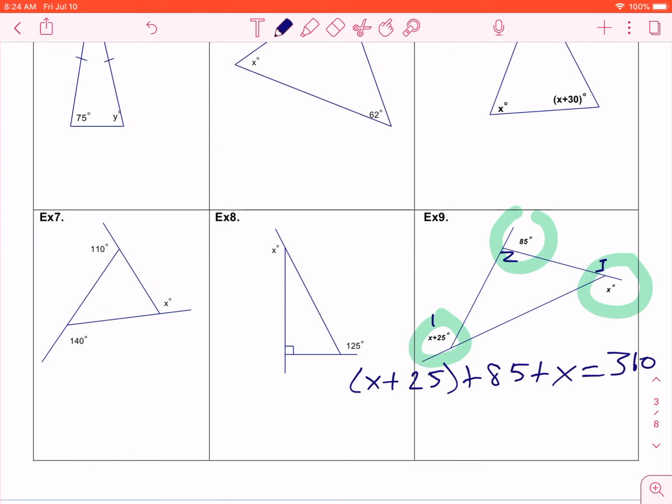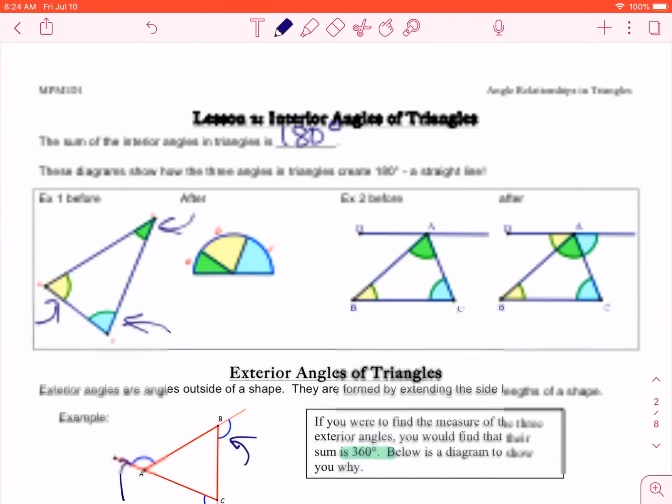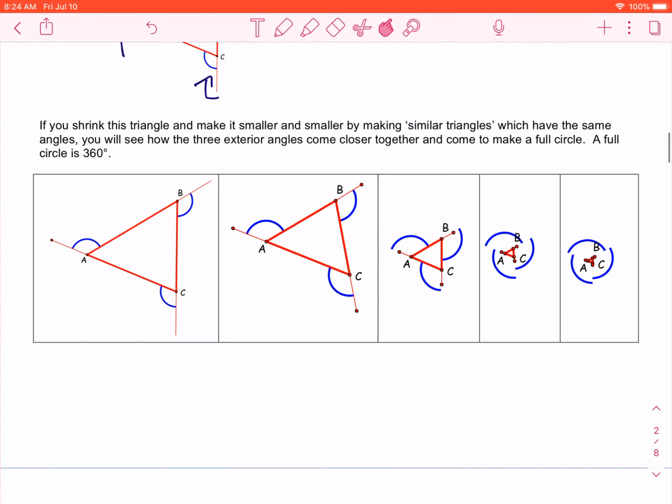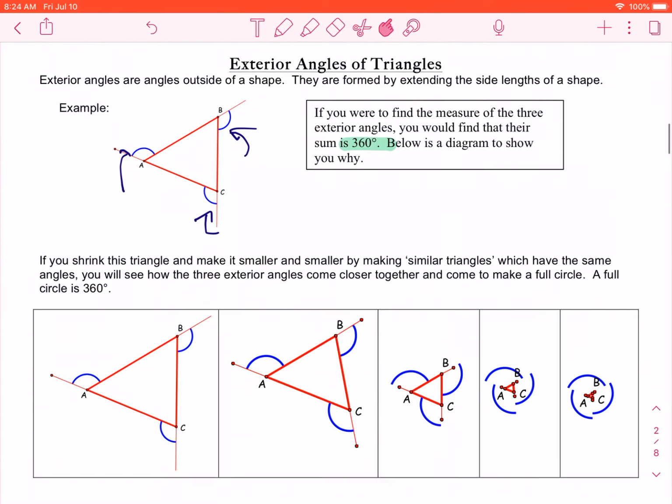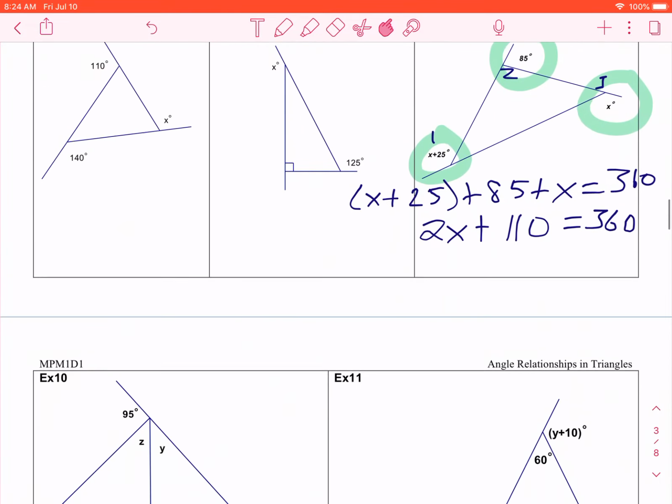Okay, so once I add them all up, I'm going to collect my like terms. So I should have 2x plus 110 is equal to, oops, that's right, guys.